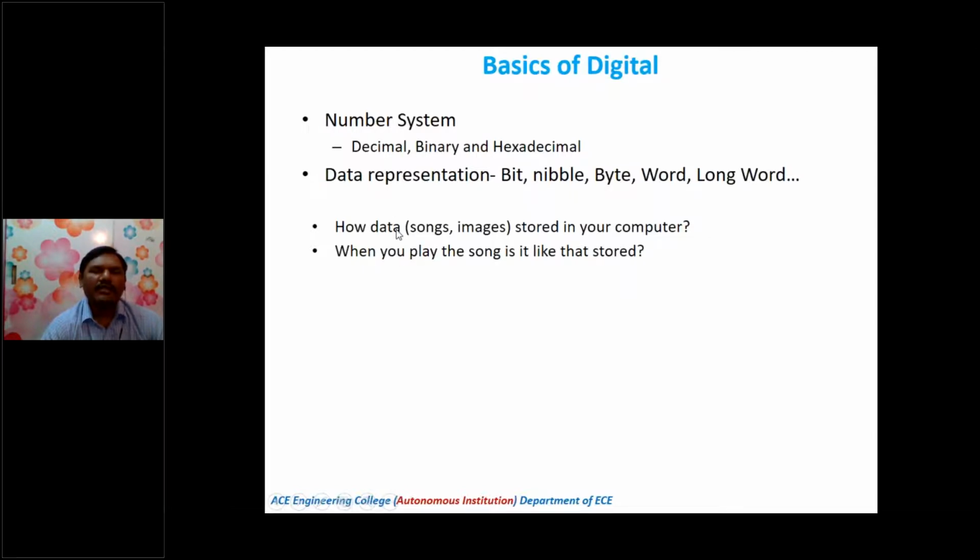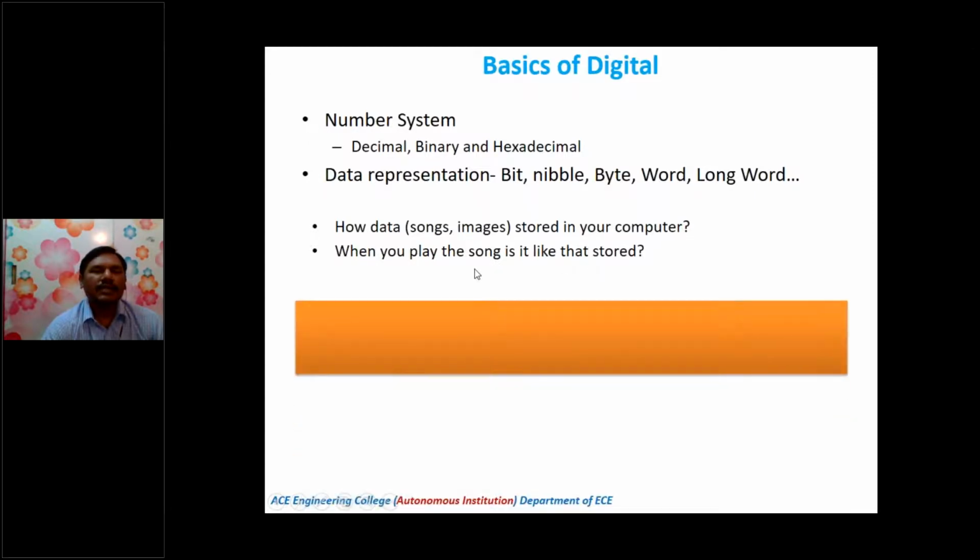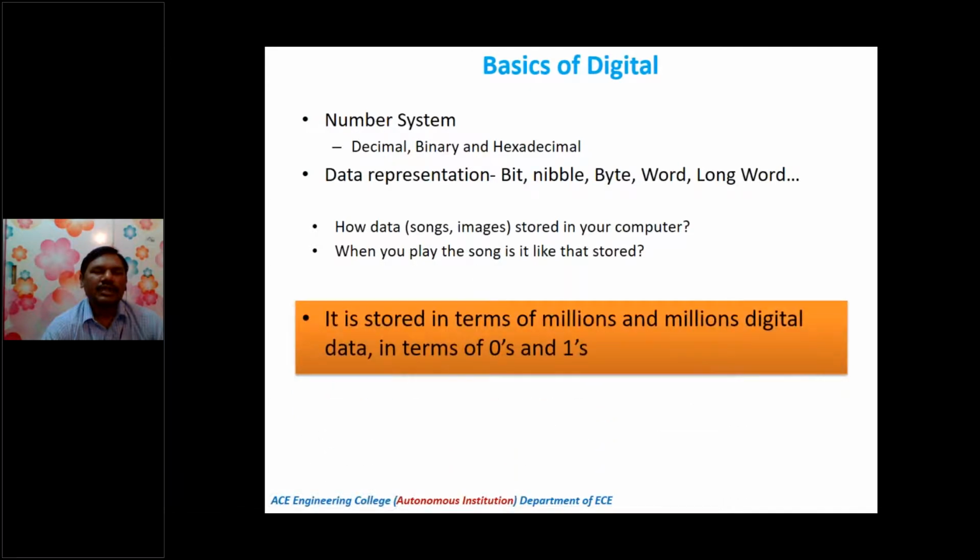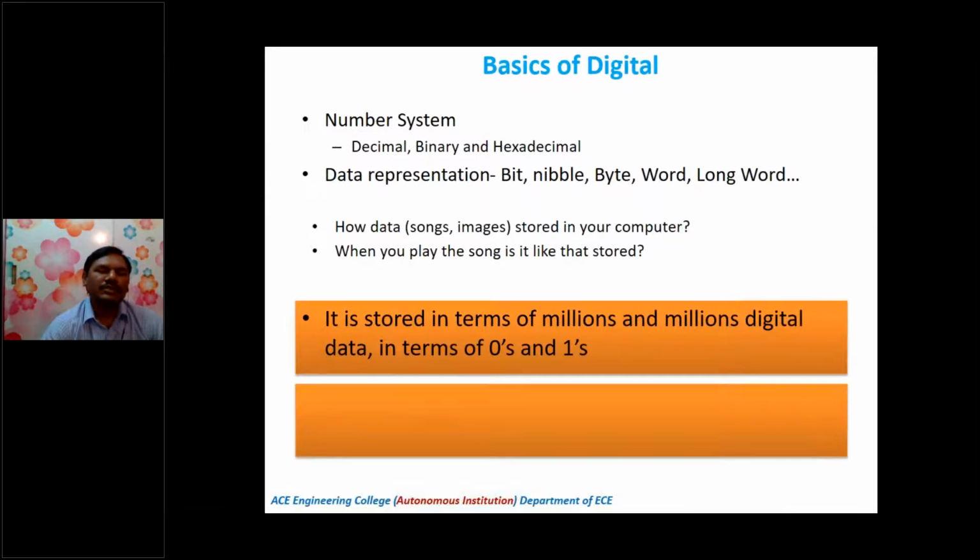Here I have one question. How is data, for example audio, songs, or images or pictures, stored in your computer? When you play the song, is it stored and played as it is? No. What is happening is that it is stored as millions and millions of digital data in terms of zeros and ones.